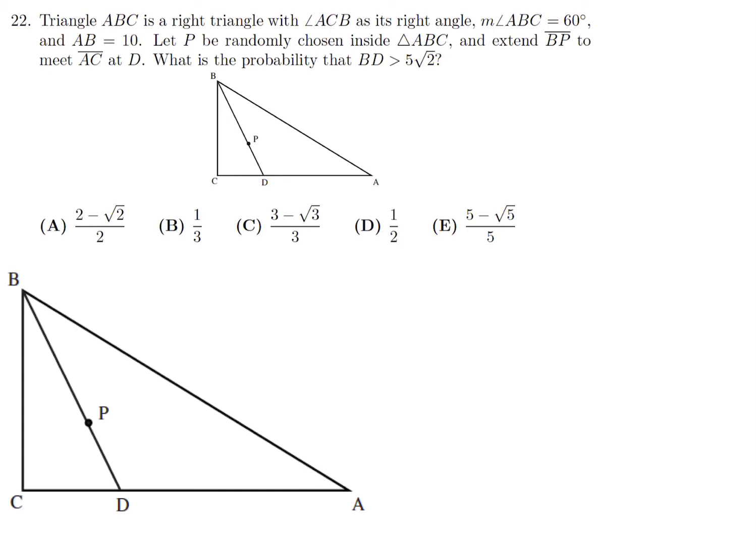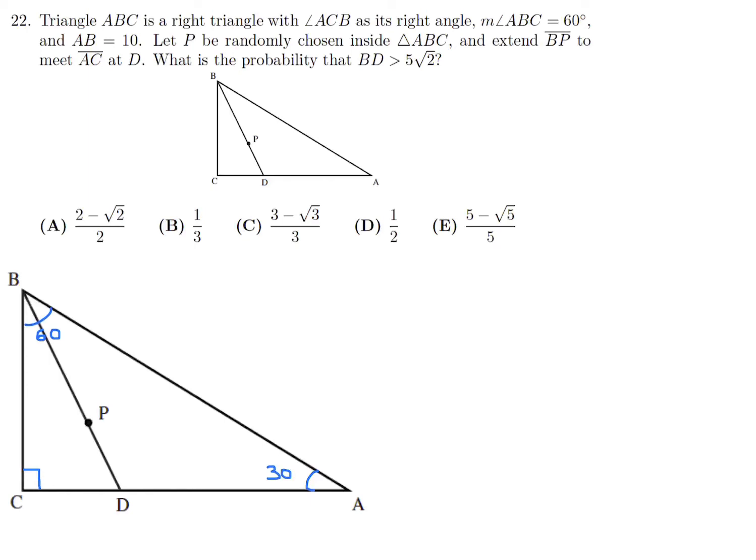So the good news is they've already labeled a lot of this for us to help us understand it a little bit better. So let's start labeling everything in here that we know. This is a right angle, and angle ABC is 60 degrees, and therefore this has got to be 30 degrees.